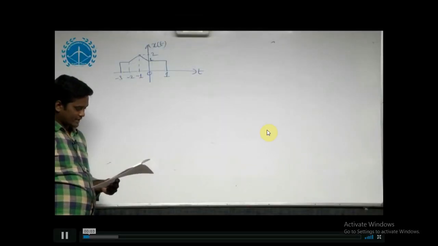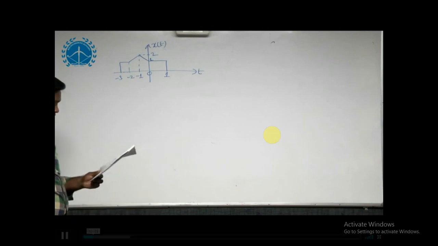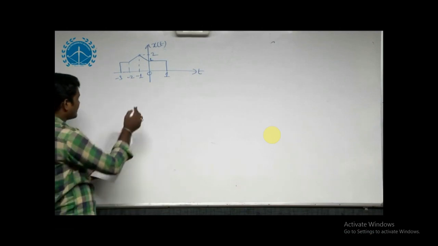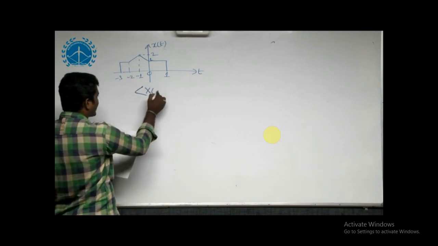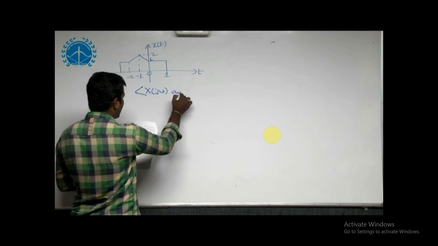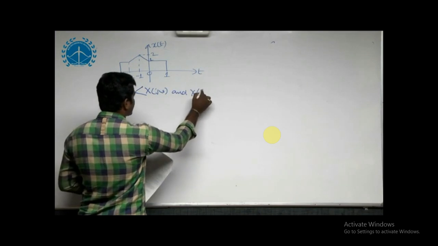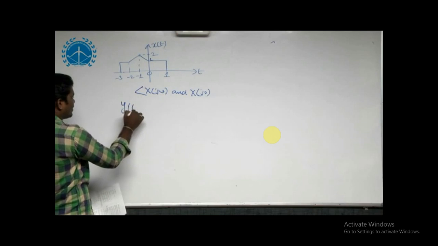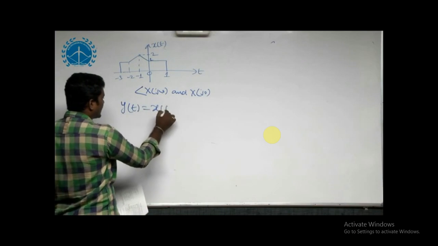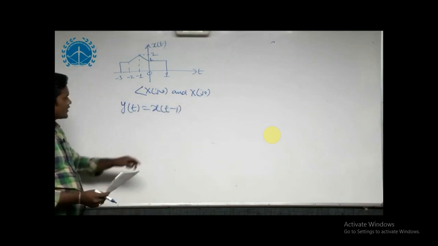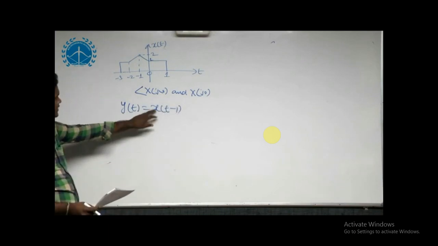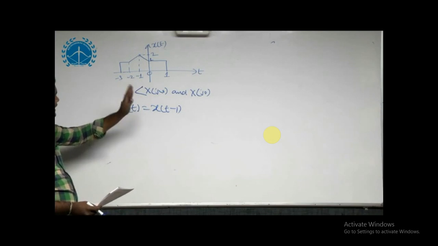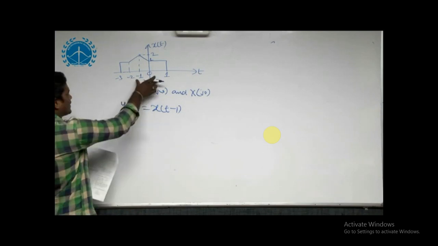The question is, this is a given signal x of t, and asking what is the value of the angle of x of j omega at j0. Let us assume that y of t is equal to x of t minus 1. You observe that the signal x of t is shifted to the right side by 1 unit, and it is extending from minus 2 to 2.